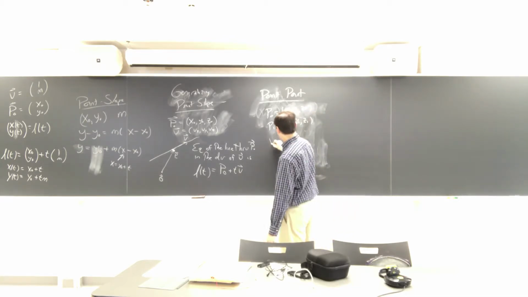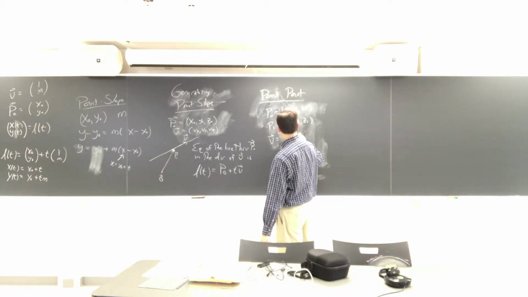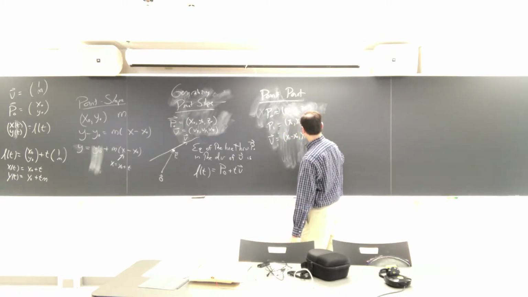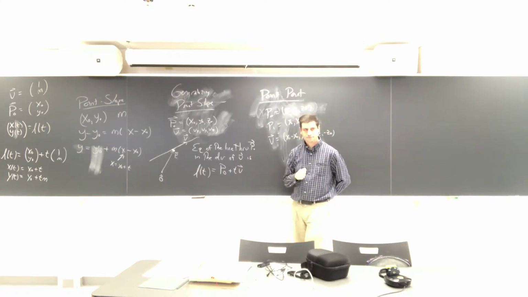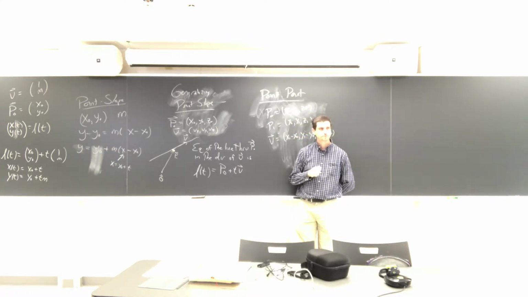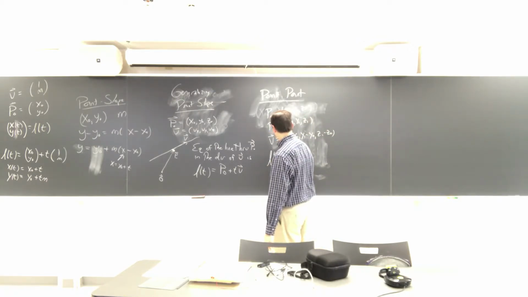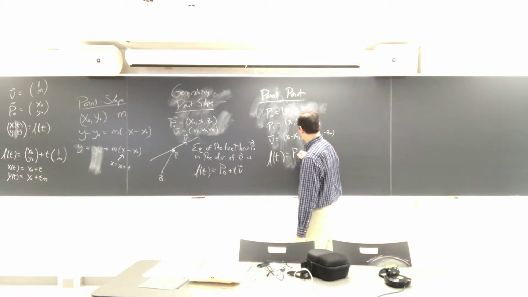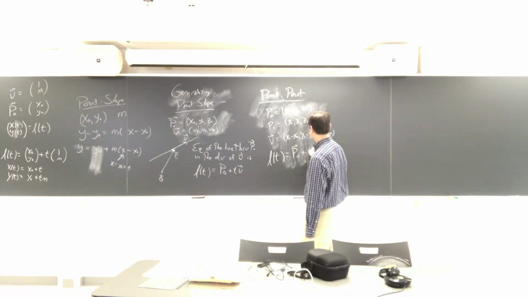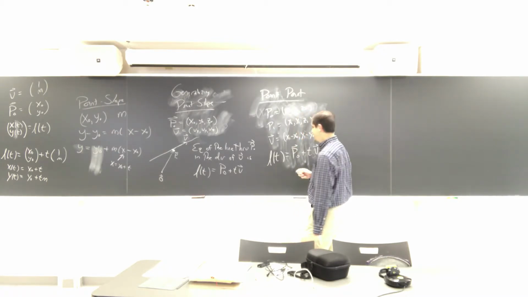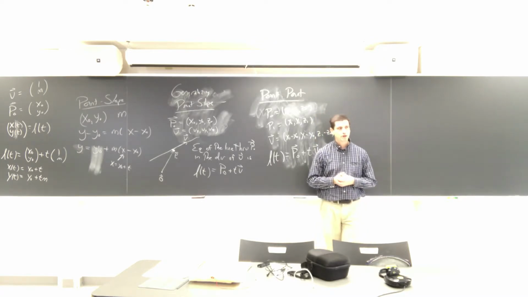I can now find the vector as x1 minus x naught, y1 minus y naught, z1 minus z naught. And I could write the equation of the line now as L of t is P naught plus t times v. And that will be the equation of the line.